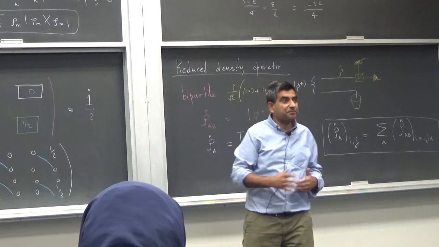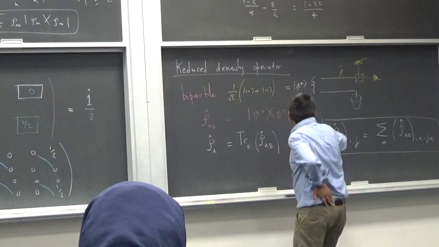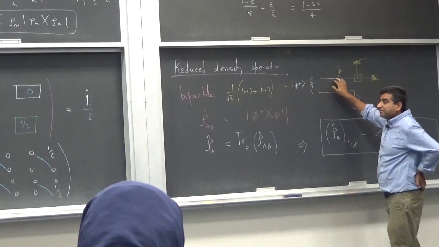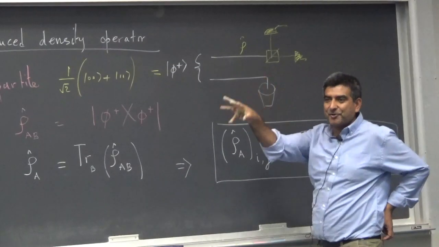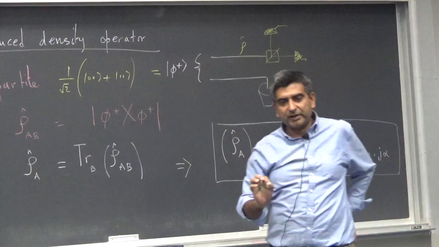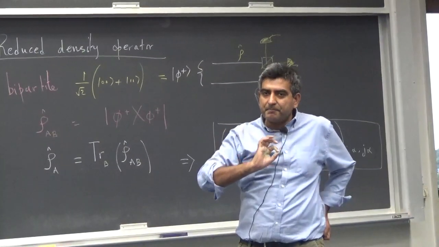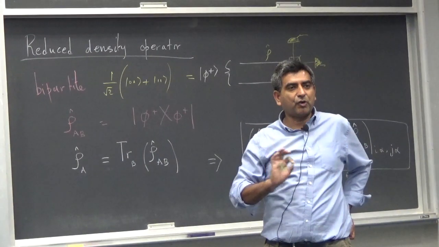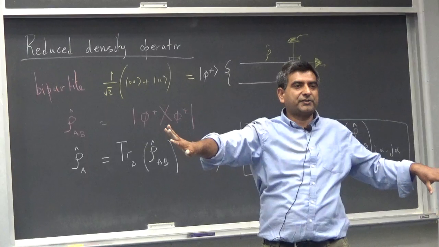It's maximally mixed. Since one of the reduced density operators here is maximally mixed, you cannot have anything more mixed than this density operator. It's totally random. In fact, if you talk in terms of entropy, its entropy is maximum. Log of 2, maximum entropy, which is a totally disordered state.